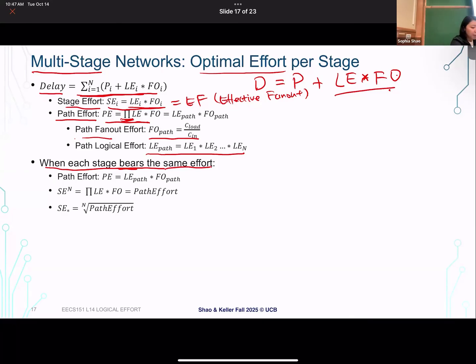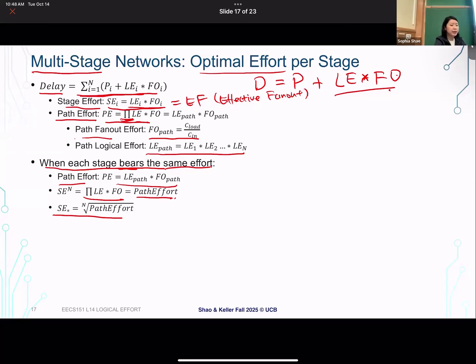We mentioned the overall path effort is the product of all the logical efforts and fan out efforts of each stage. The delay is minimized when each stage has the same effort, basically the nth root of the path effort, right? We fully distribute the overall path effort so that each stage has the same effort.